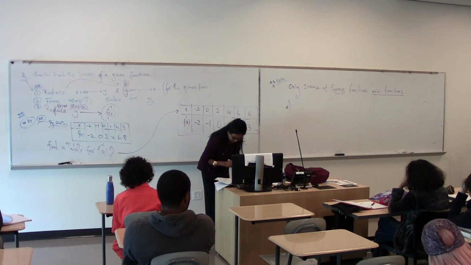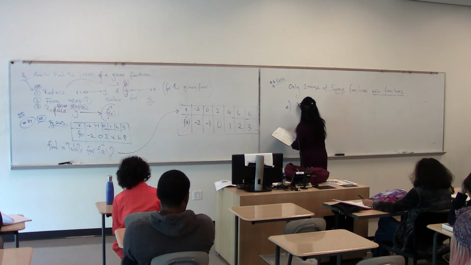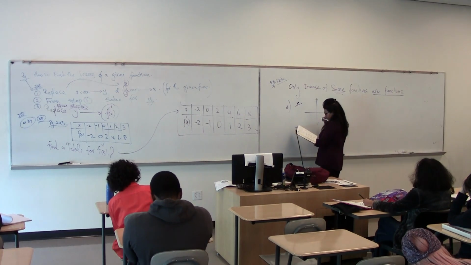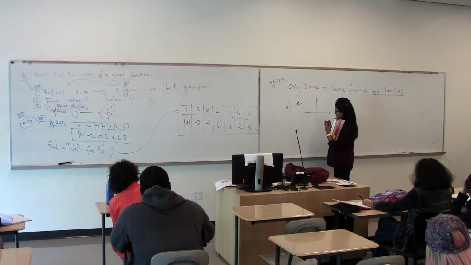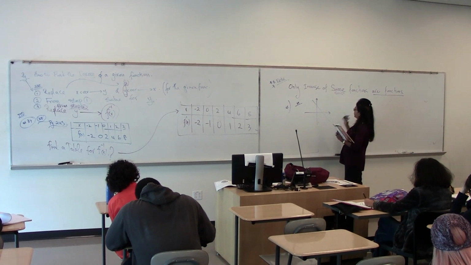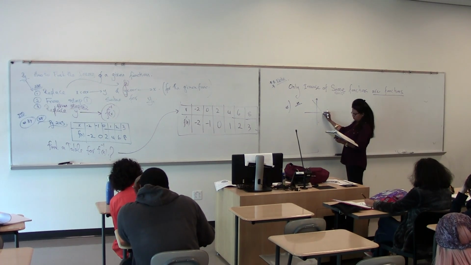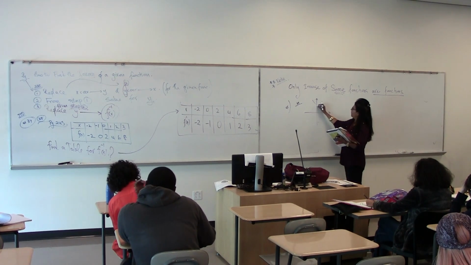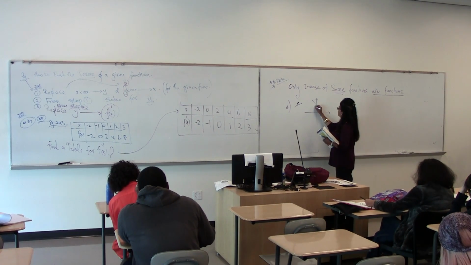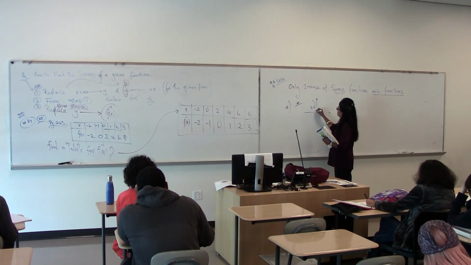So problem number 39, only a graph is given. The graph is given like this, and the ordered pairs here are 4 and 0, and 3 and 0.